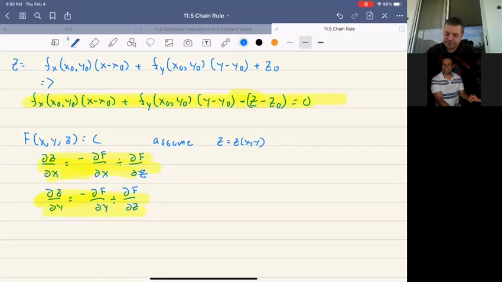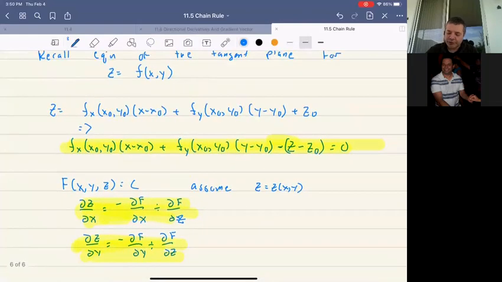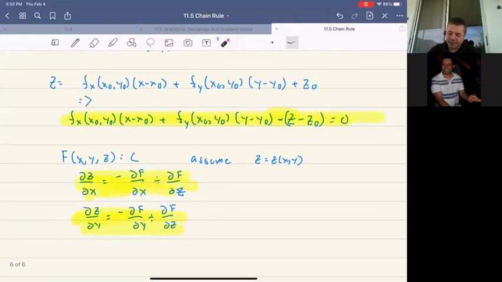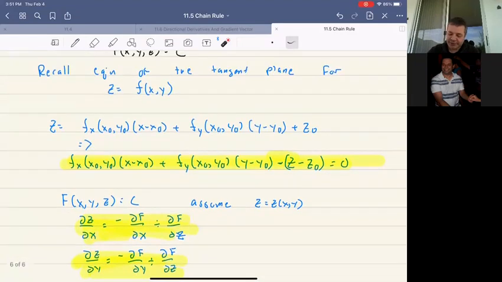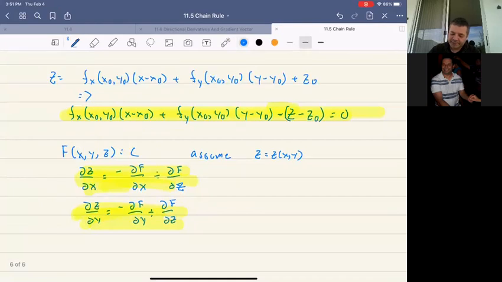Okay. So what we're going to do is fit this into this. Remember, here z equals f of x, y, right? So when we say partial of z with respect to x, that's going to take the place of f sub x at x0, y0.